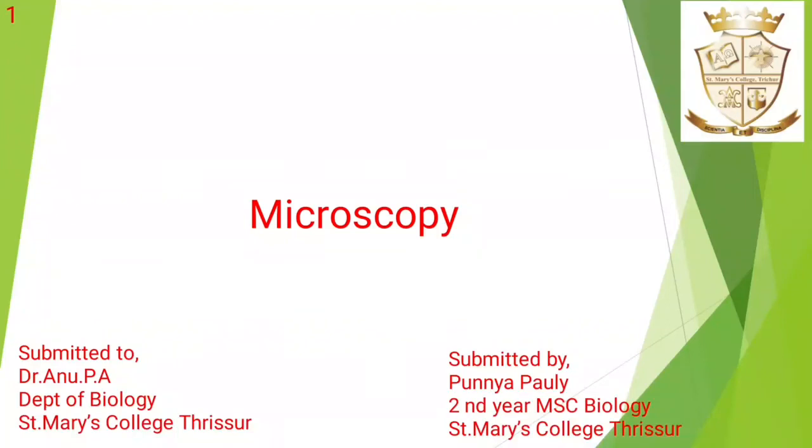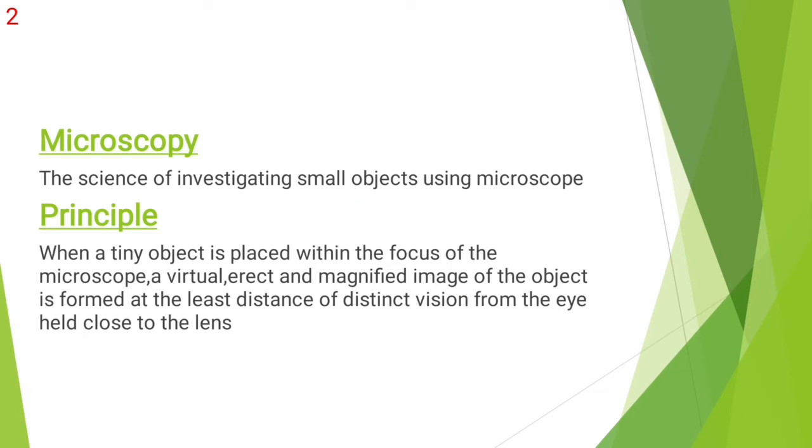Hi everyone, in this video we are going to discuss microscopy, principle and applications for the study of microorganisms. Microscopy is the science of investigating small objects using a microscope.